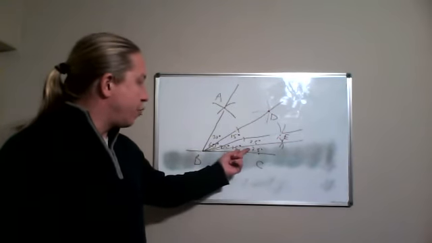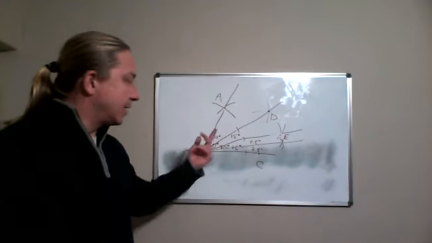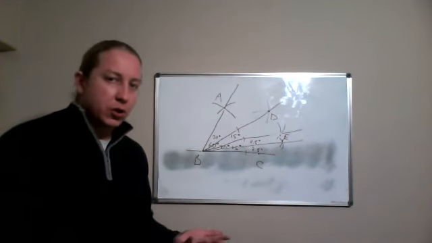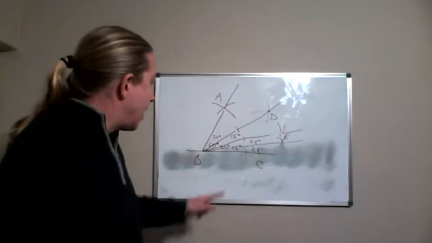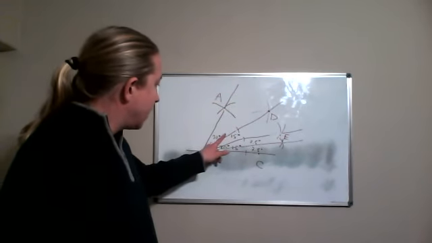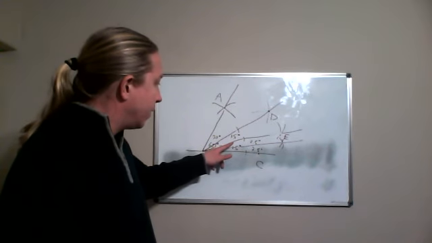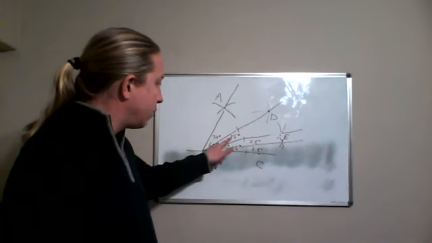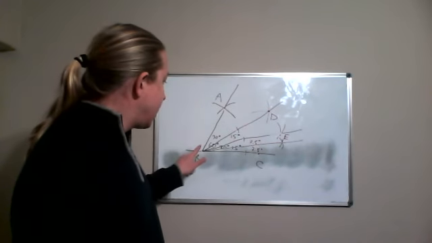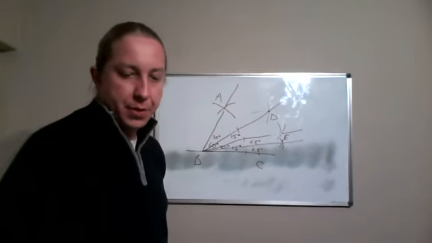There's only 7.5, 15, 30, and 60 to work with. So those are the only combinations. To make an angle of 22.5, I need a 15 and a 7.5. Those two will add up to 22.5. So which angle is that? Well, it's DBE.